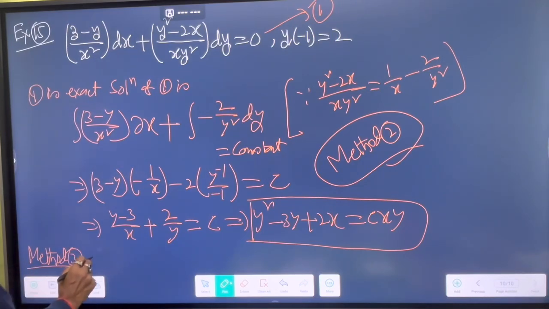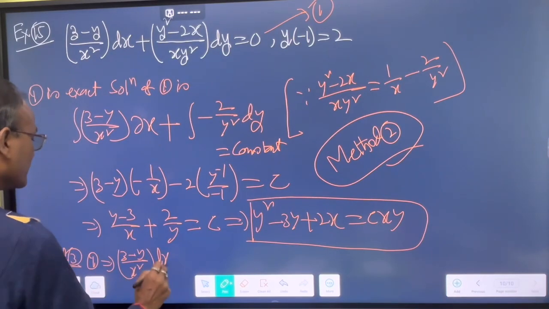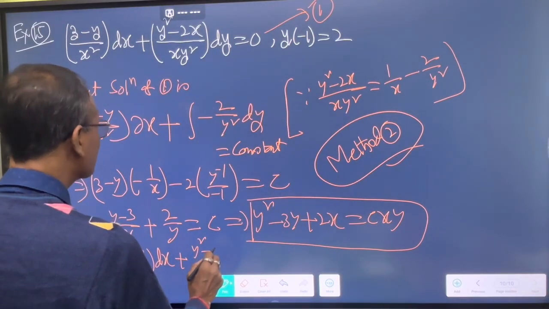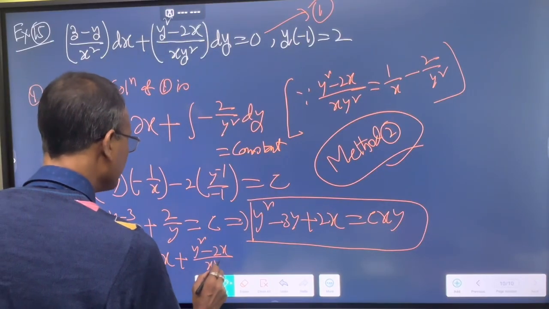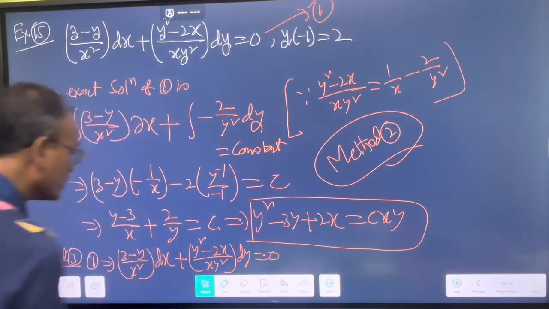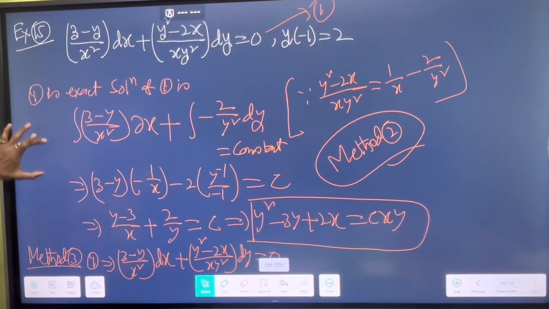Method 3. Equation 1 implies: what is 1? (3 minus y) by x square dx plus (y square minus twice x) by x y square dy equal to 0.